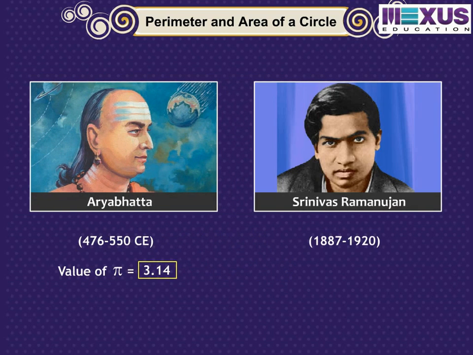But in the period between 1887 to 1920, the mathematician Srinivasa Ramanujan gave another appropriate value of pi, that is 22/7. Thus, generally we use 3.14 or 22/7 as pi.